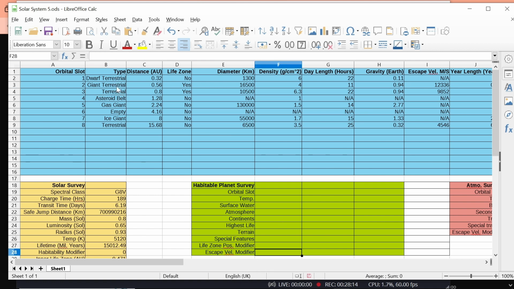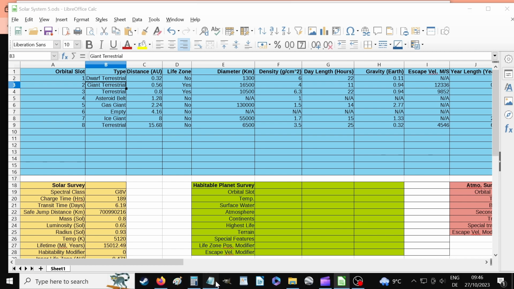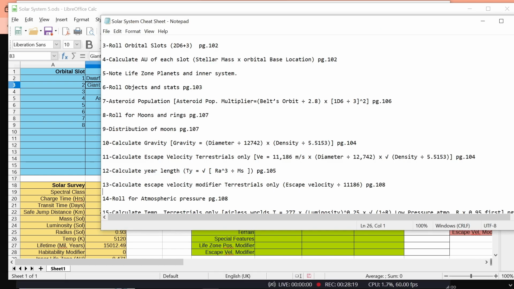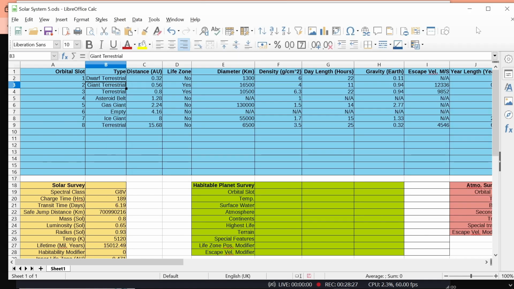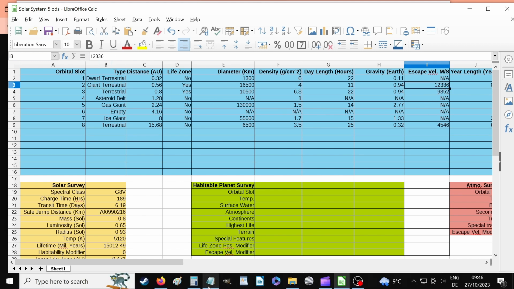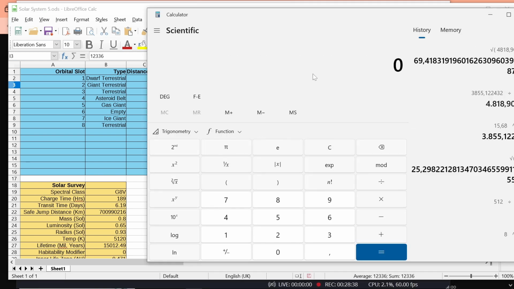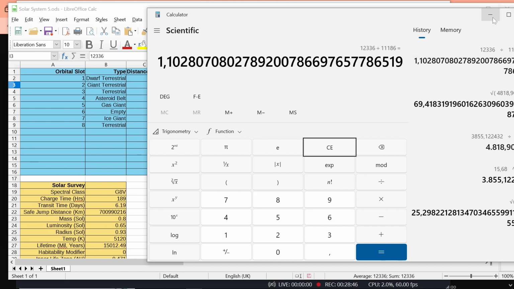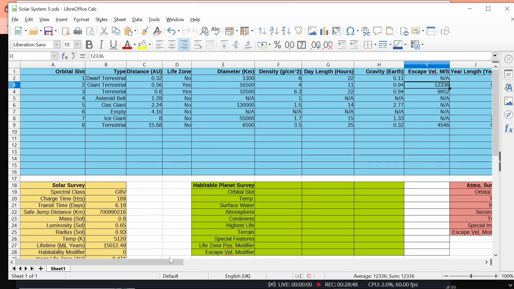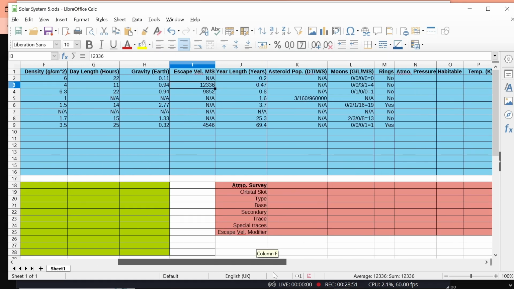So we'll start with the giant terrestrial. Escape velocity modifier, we'll have a look at it. It's very simple. You take the escape velocity, divide it by 11186, and that's your modifier. Easy as that. So escape velocity of the giant terrestrial, 12,336. 12,336 divided by 11186 equals 1.1. So I'm going to come over to this table here.